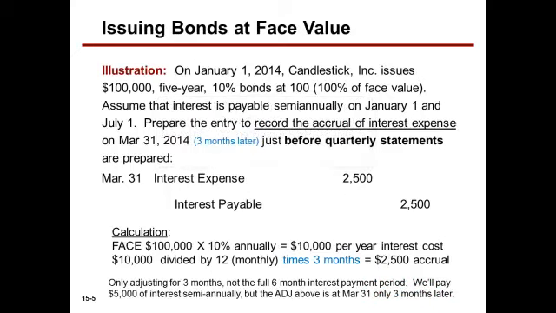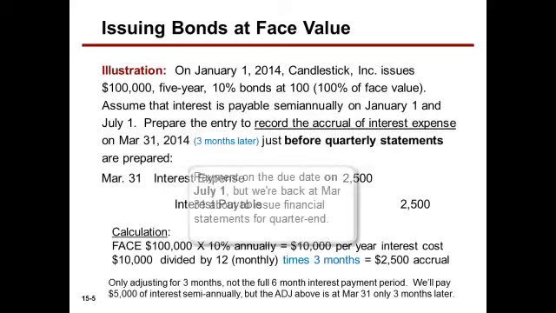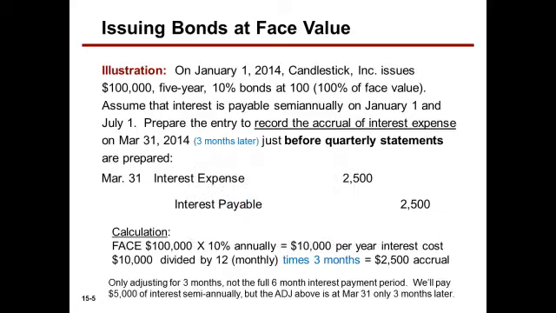Again, we're only adjusting for 3 months, not the full 6 months interest payment period. We'll pay a full $5,000 semi-annually, but the adjustment above is only for 3 months at March 31st to get our financial statements reflecting the proper condition at that time for expense and liability.